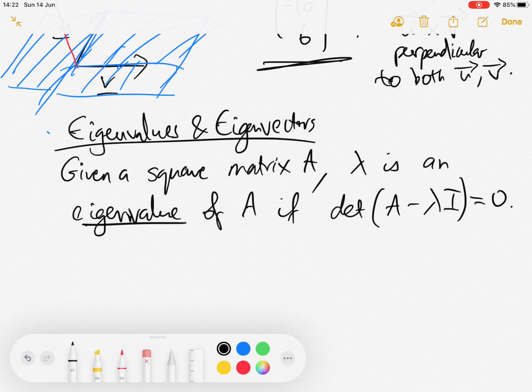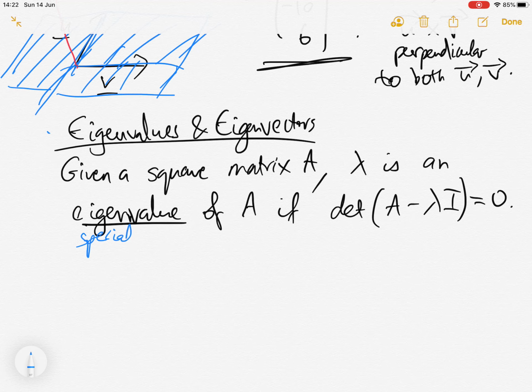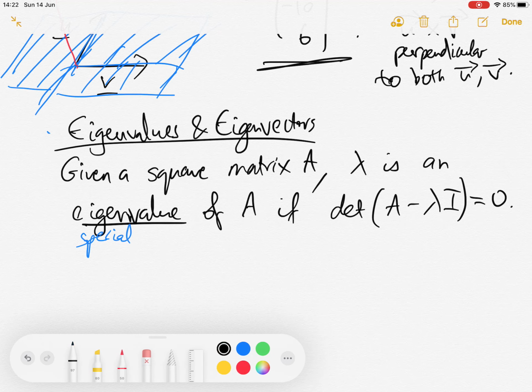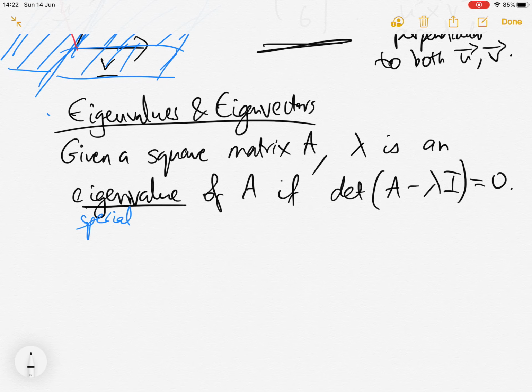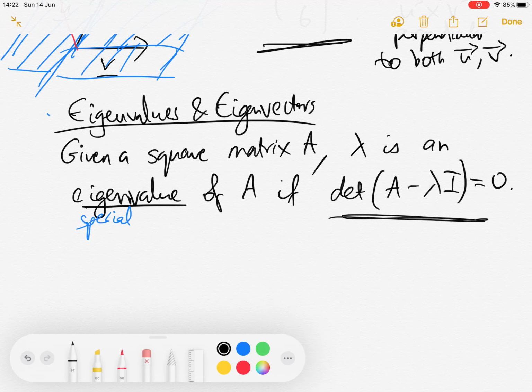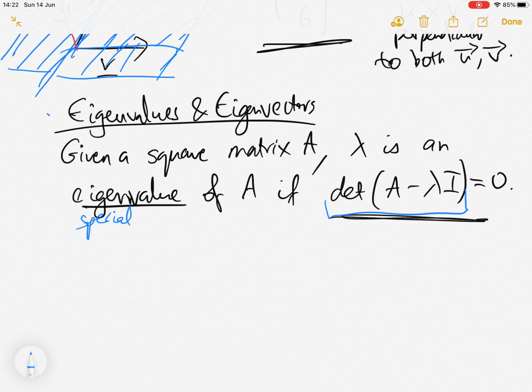Eigen, I think, is German for special. To find the eigenvalues of a given matrix, you just work out this determinant and set it equal to 0. In fact, because lambda is an unknown, the determinant of A minus lambda I is really a polynomial in lambda. And the degree of the polynomial will be the dimension of the matrix. So if it has n rows or columns, then the highest power of lambda will be lambda to the n.